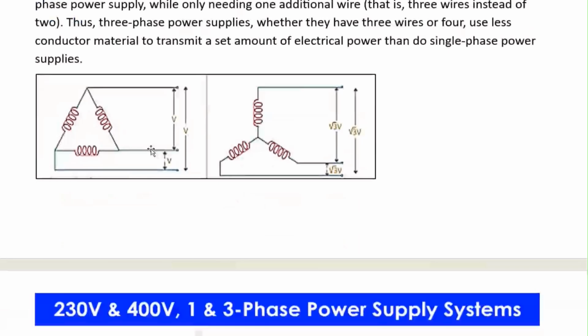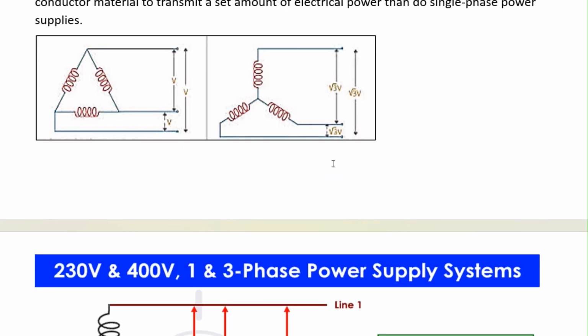As you can see, this is a delta connected three phase system, and this is a star connected three phase system. In the case of a star connected system as compared to delta connection, if you are getting V voltage across the two terminals, you get root 3 V. So this right side will be connected to the load.